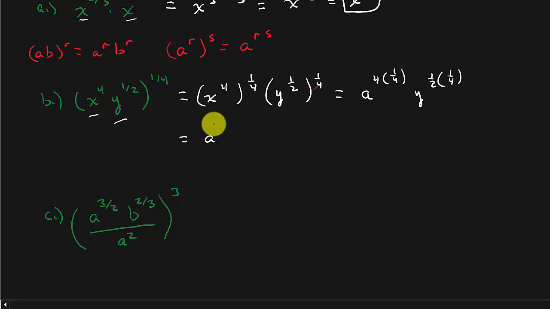Just remember, when you don't write an exponent, it's understood to be 1. That's x to the 1st, but we don't ever write the 1. I'm sorry, I wrote an a there; that's x. So that's x to the 1st, and then this one's going to be y to the 1/8. And there's your answer.